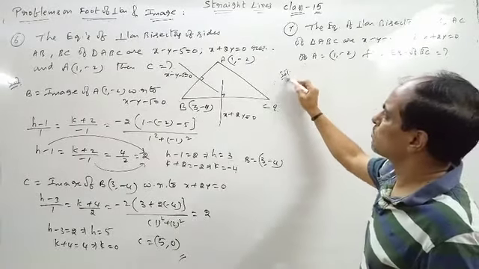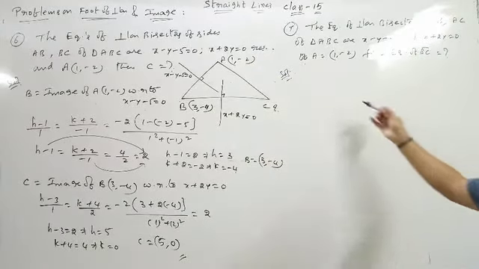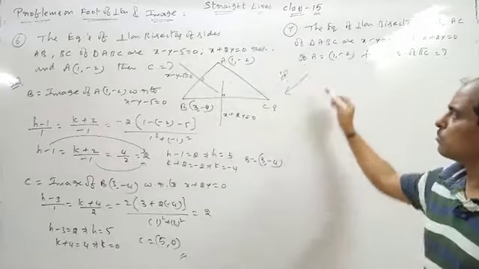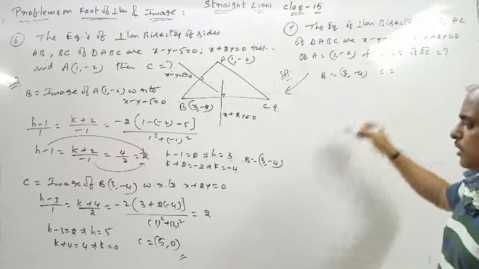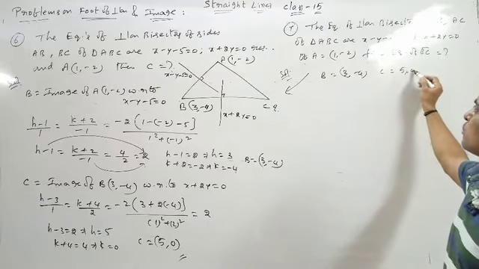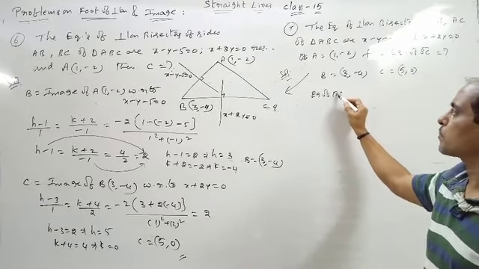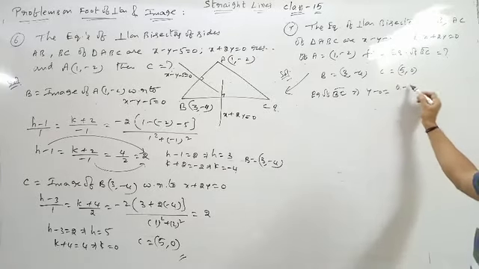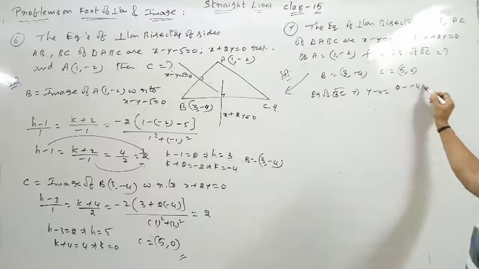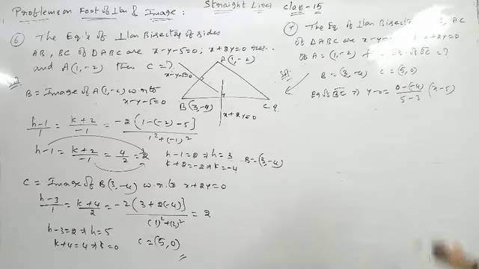Same idea question, same points and same equation. By the above theorem, we have B is equal to 3 comma minus 4 and C is equal to 5 comma 0. What about the equation of BC bar? Equation of BC bar is y minus 0 is equal to y2 minus y1 by x2 minus x1 into x minus 5.